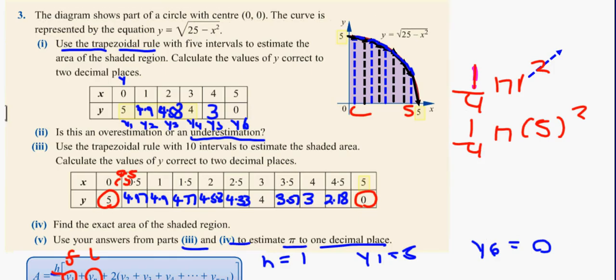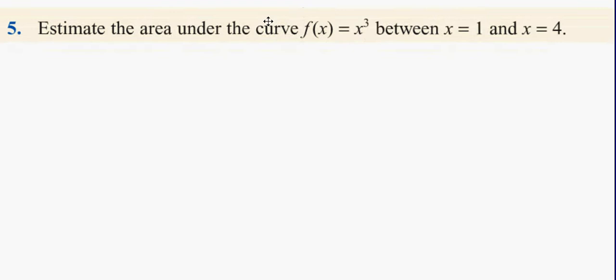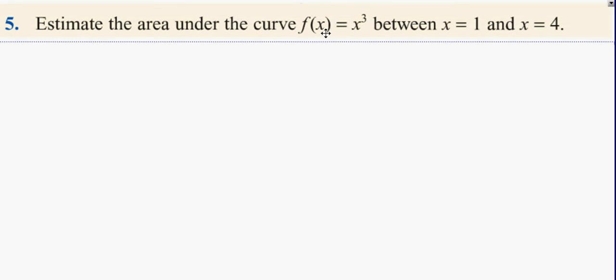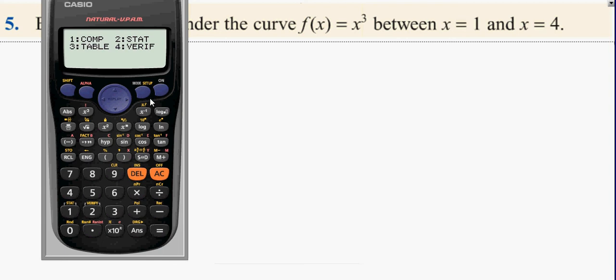Okay, moving on to the next question, which is question 5. Estimate the area under the curve of f of x equals x cubed between 1 and 4. What I'm going to do is just put this into the calculator. So I'm going to go to mode, table function. We're going to get x cubed, and we're going to start at 1, end at 4, with a step of 1.